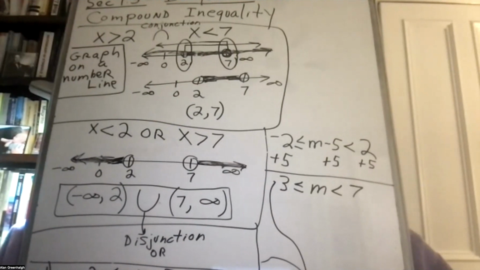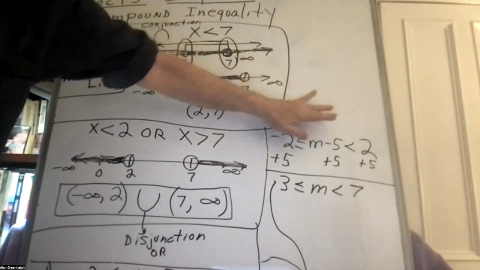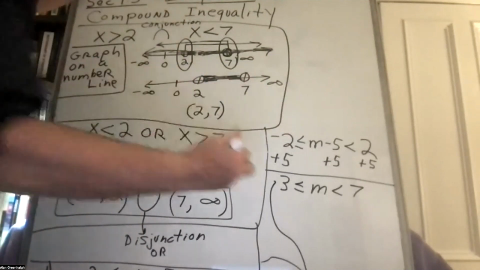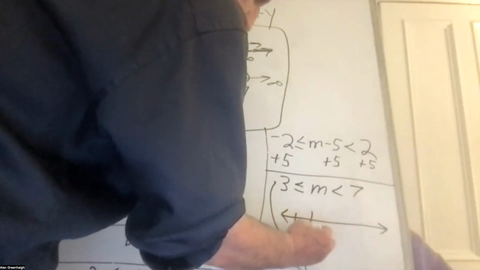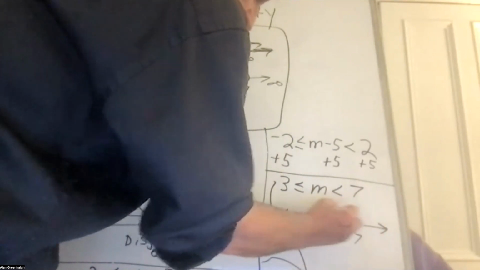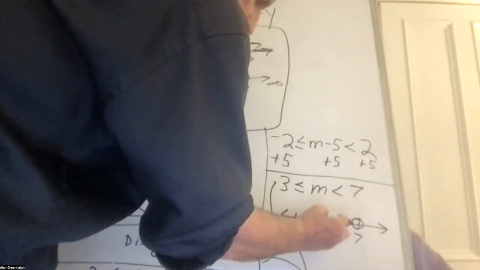In order to appreciate the beauty of this method, you had to do it the long way. Now you could do it this way if you get a problem like that. Same number line: 3, 7, shaded in, open, and goes right in between.